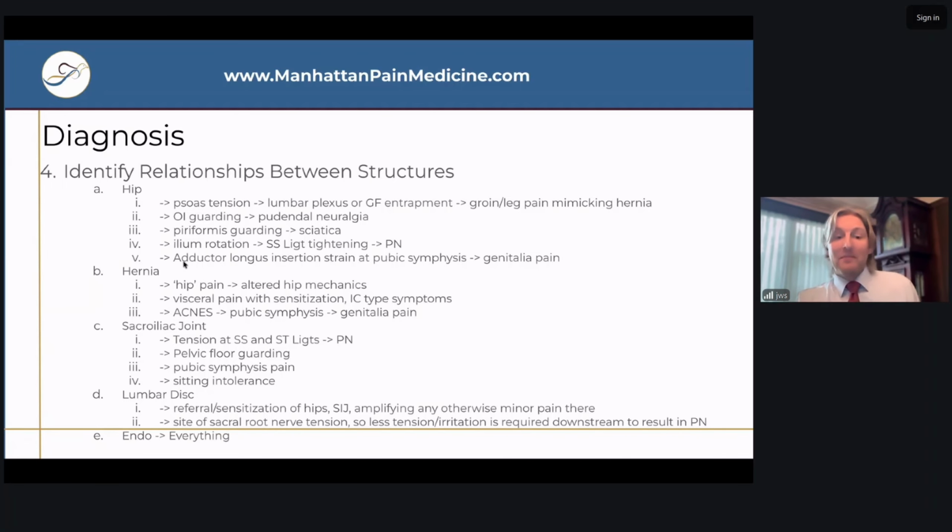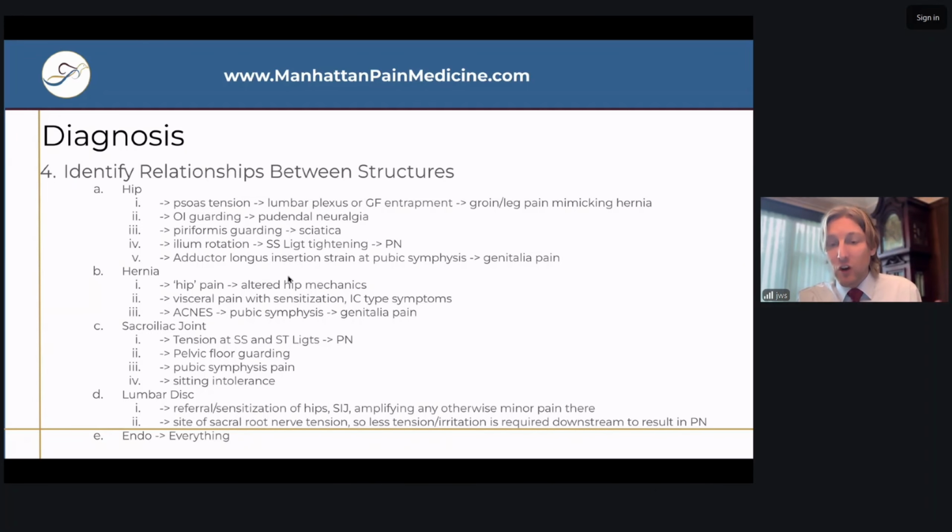And finally, even though I'm sure there are other options, we'll cap it at 5. The adductor longus is a common hip guarding muscle. It will often be substituted as a hip flexor, especially if the hip's in a little bit of external rotation. And it inserts at the pubic symphysis.